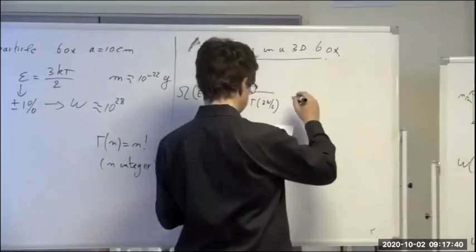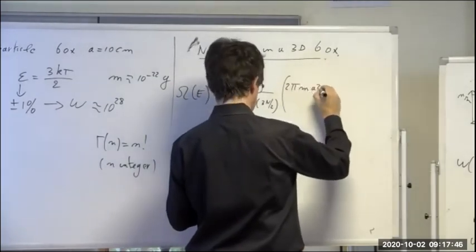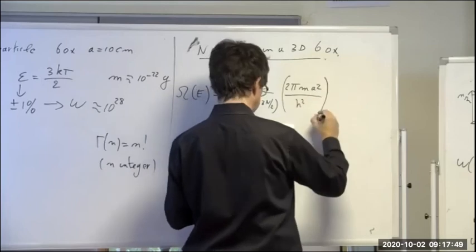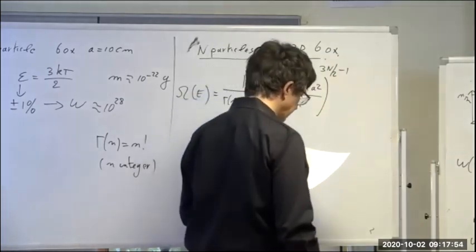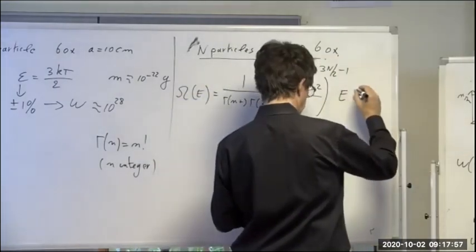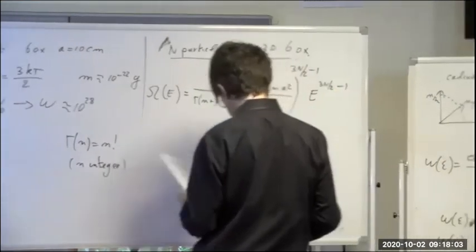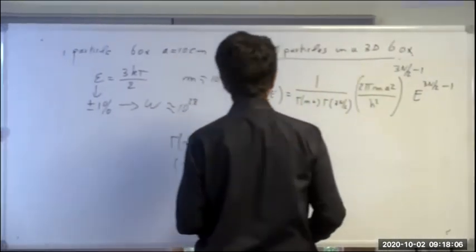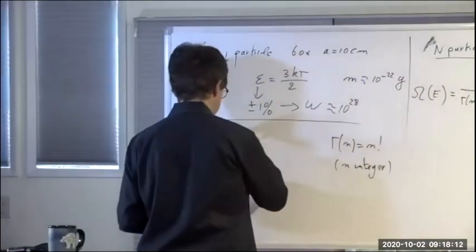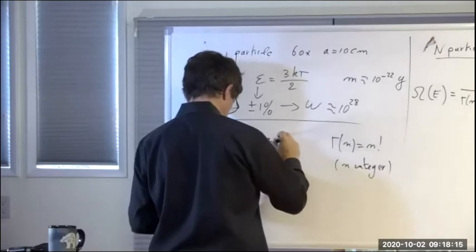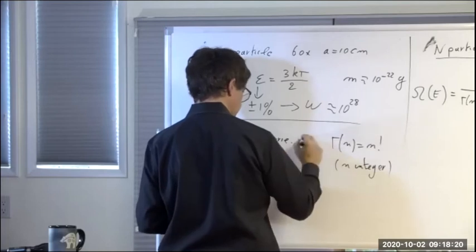Times, we're not done here, 2 pi m a squared over h squared to the power 3n over 2 minus 1, times the energy to the power 3n over 2 minus 1. And you could find this in McQuarrie. Okay, let me write this here. So that stuff here is in McQuarrie. I think it's in section 1.3.